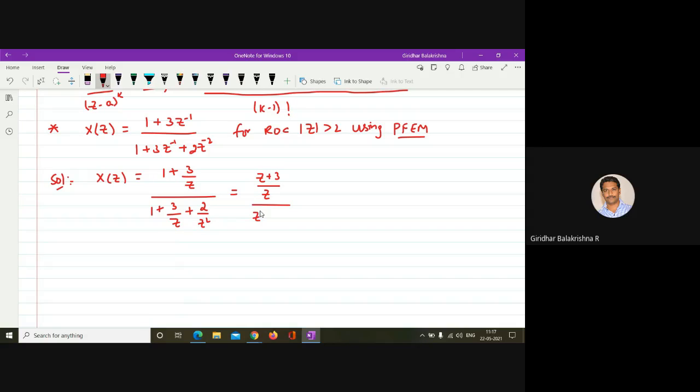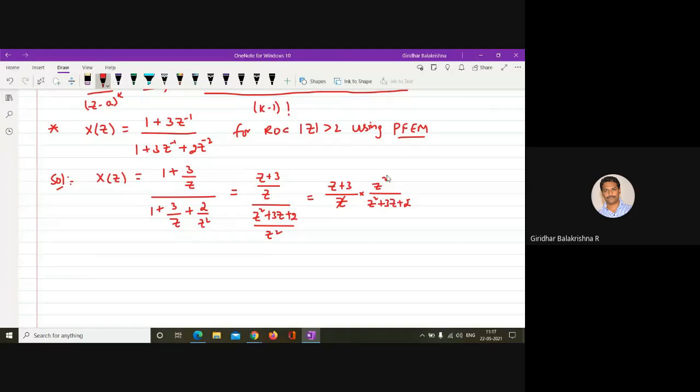So z square plus 3z plus 2 by z square. So you can represent this as z plus 3 by z into z square by z square plus 3z plus 2.